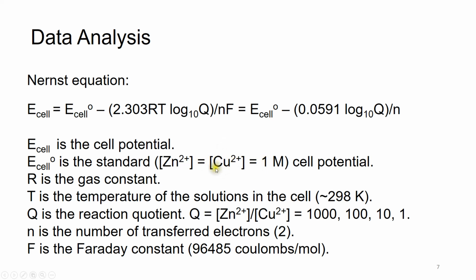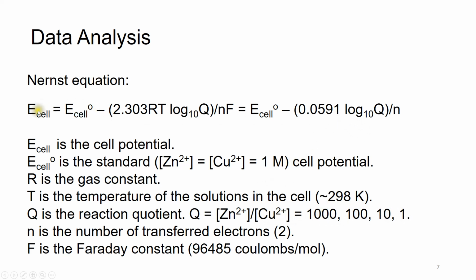But copper 2 plus, well, at first we're going to try a very low concentration of copper 2 plus. It's going to be 0.001 molar, so 1 molar of zinc divided by 0.001 molar of copper 2 plus, that's going to be 1000.